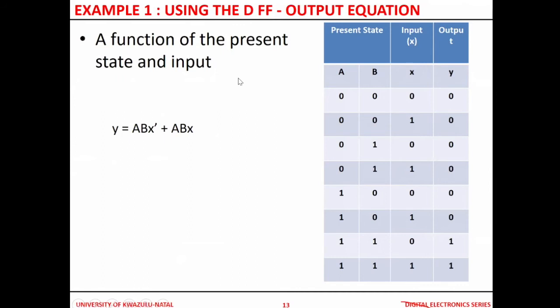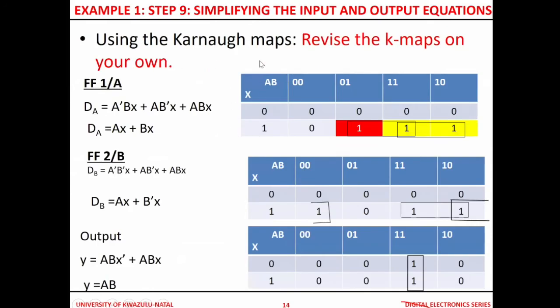Now, you've got the circuit. If you implement that circuit, it will do what you want, but it's an expensive circuit. So what next is to perform the minimization of the circuit, and that is not the subject of today. You can use Karnaugh maps, or you can use the equations.